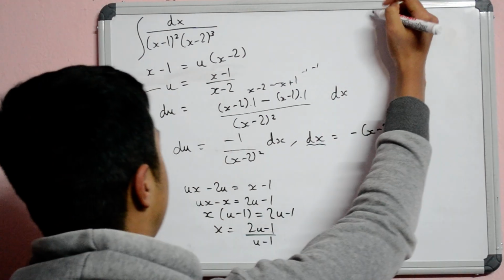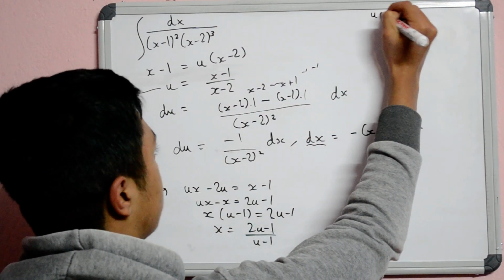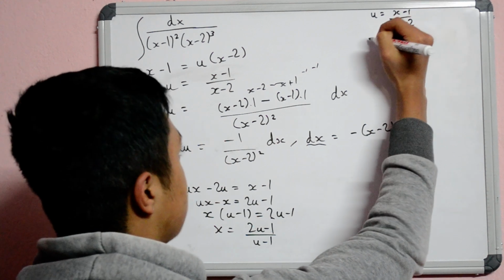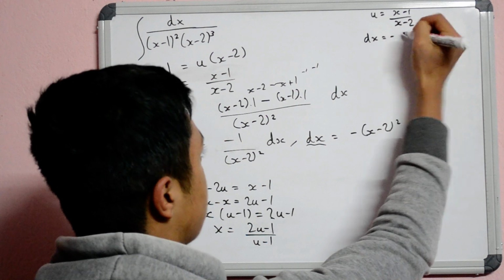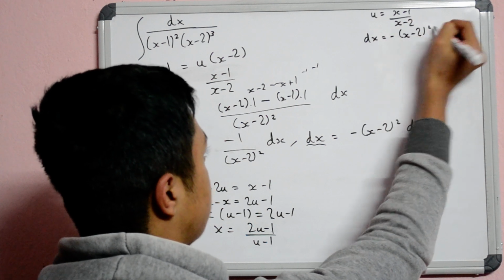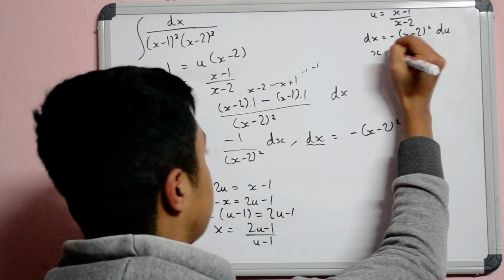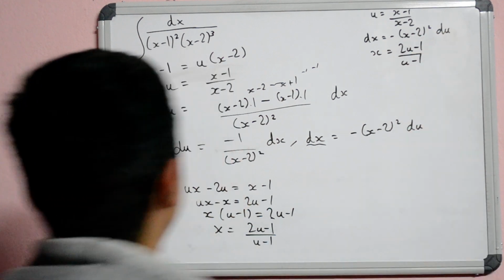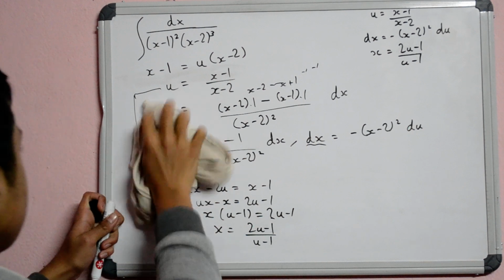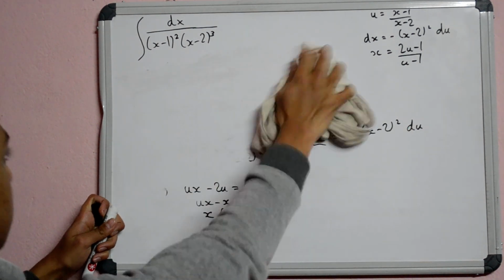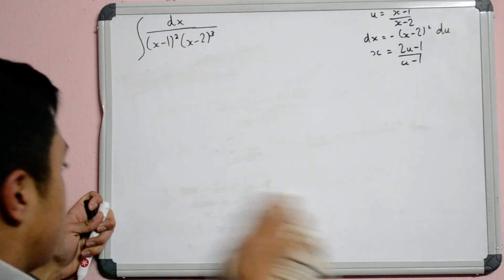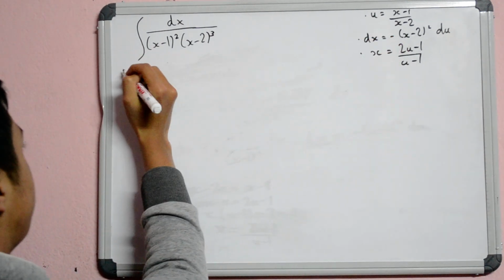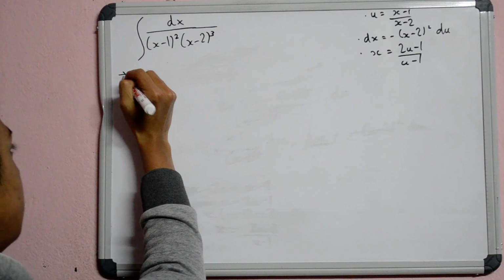Now I will have to rub these eventually, but I'll keep it in a corner right here. So first, u is equal to (x minus 1) by (x minus 2). dx is equal to minus (x minus 2) whole square du. And x is equal to (2u minus 1) by (u minus 1). From these, we can solve this integral.